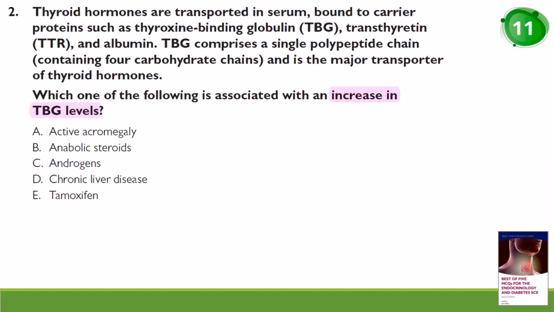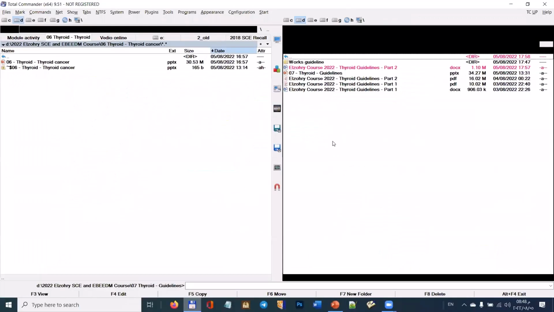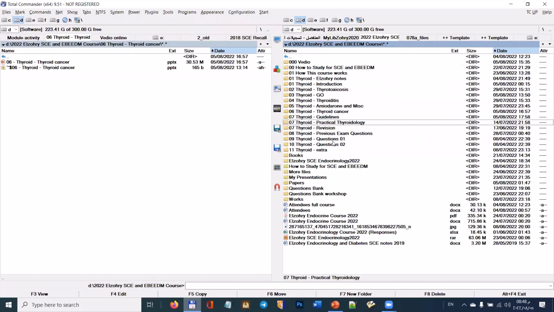Actually, if you want to check this, I will go to the British BNF book and we can check it.